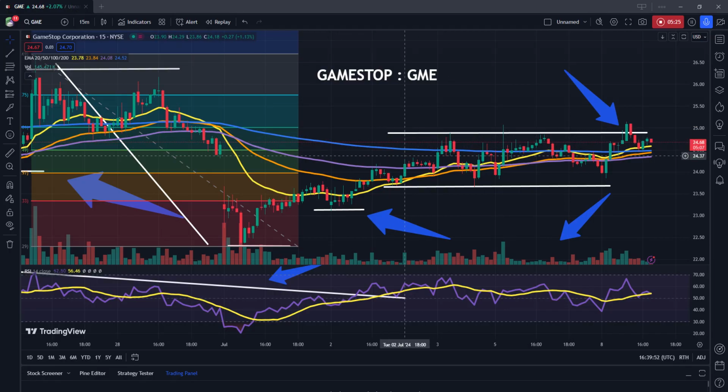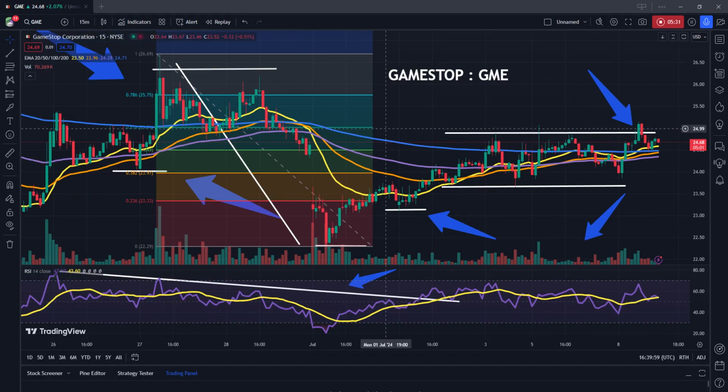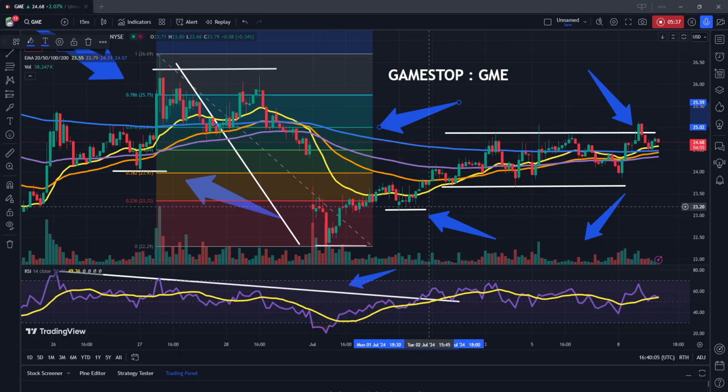But this time was a bit different because not only did you have some prior highs in this area, but you also had the 61.8% Fibonacci retracement of this prior price move to the downside.